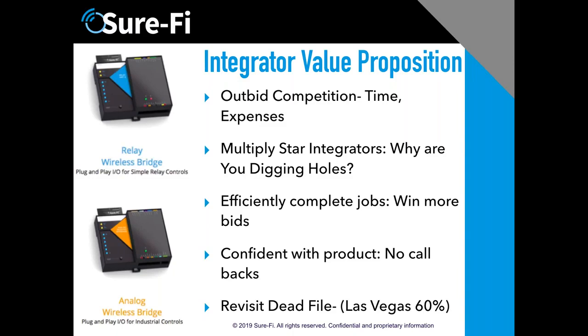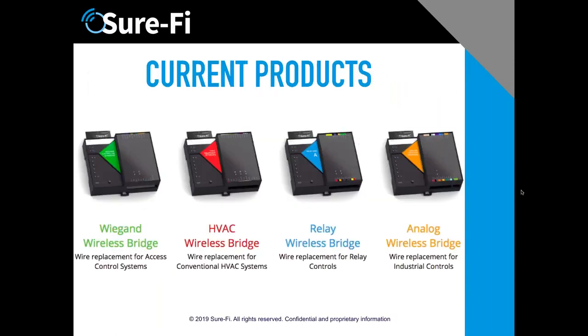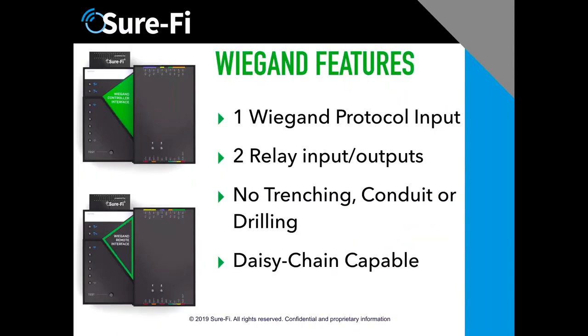The question was how this exactly connects. In this slide, you see there's a controller interface, and below it is a Wiegand remote interface. The controller interface goes back at your controller, wherever you normally would wire in your credentials, your two-door panels, wherever you wired that into your controller, that's where the controller interface would go.